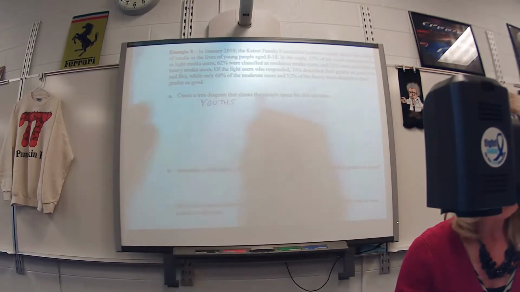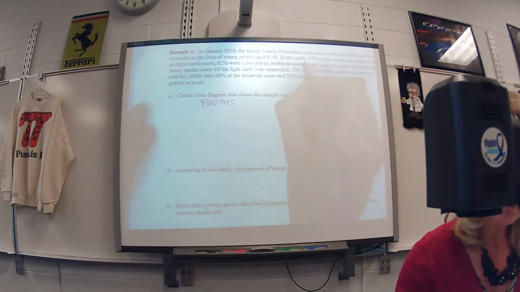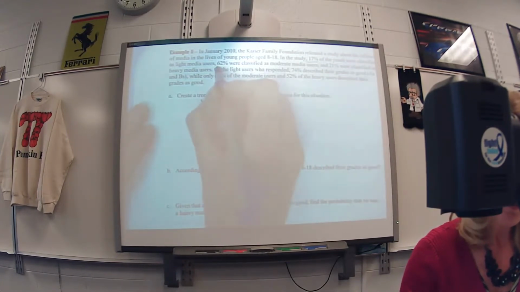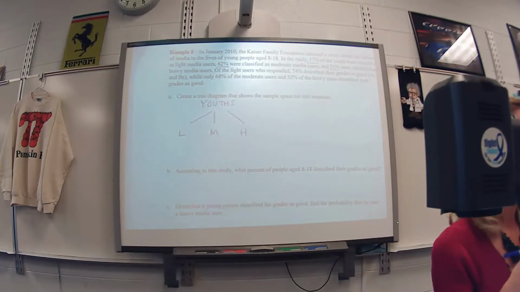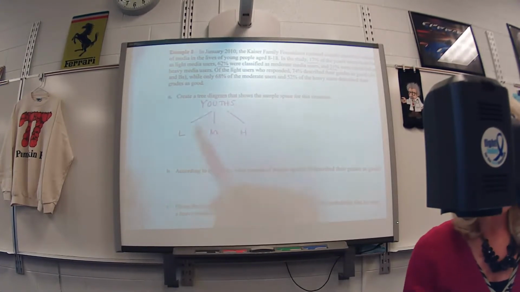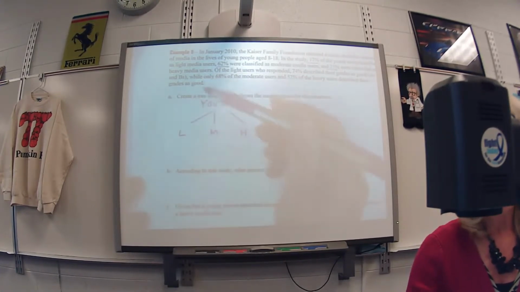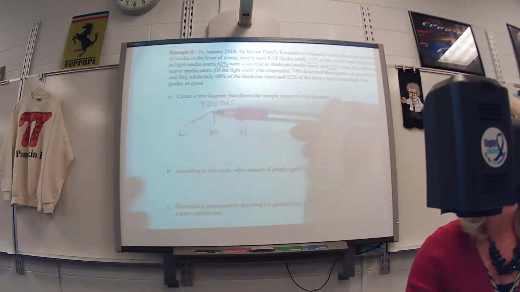And those youths were separated into 3 groups. Okay, we had light, moderate, and heavy users. So I'm going to separate this into light, moderate, and heavy. Now, I'm inconsistent how I do it. Sometimes I label the probabilities along the line, and I put the categories here.